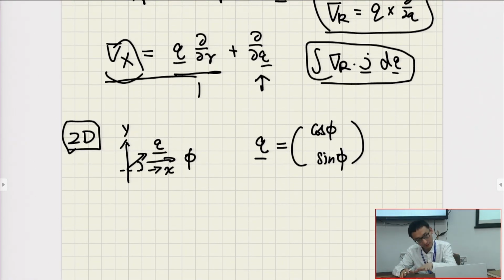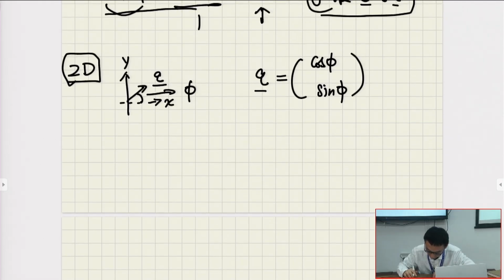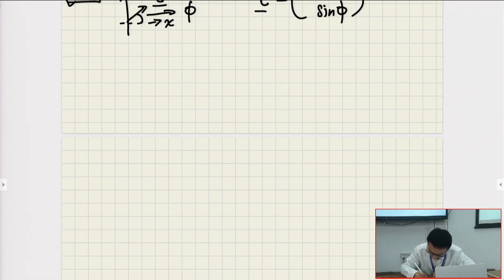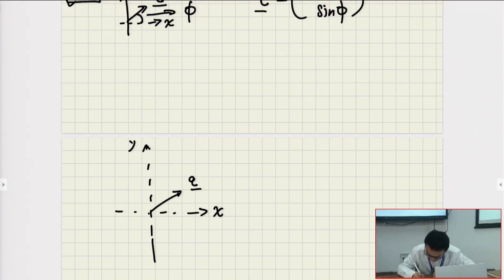Let's see what we get for these things. Okay, great. Let me redraw this again. We have a Cartesian frame of reference, x and y, and our vector q, which we've parameterized with an angle phi.